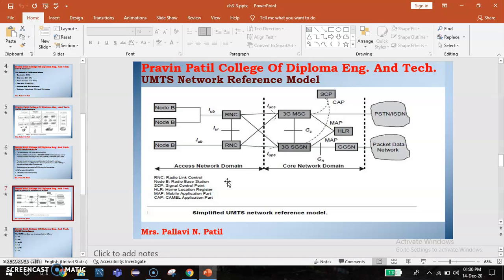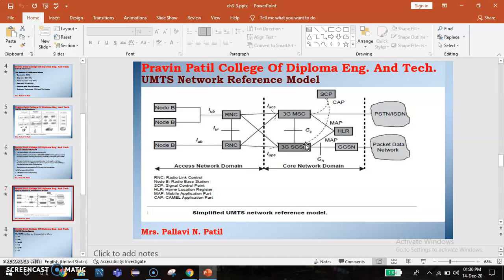First is the RNC, that is the radio network controller. The RNC is responsible for the control of the radio resources in its area. One RNC controls multiple Node B. The RNC in UMTS provides functions equivalent to the base station controller of the GSM and GPRS network.